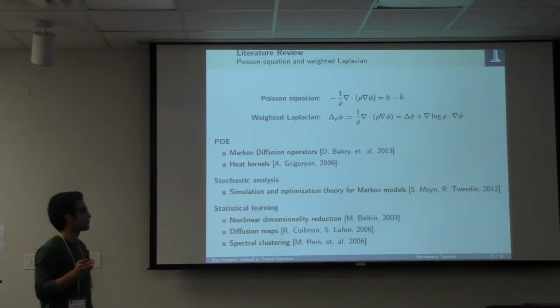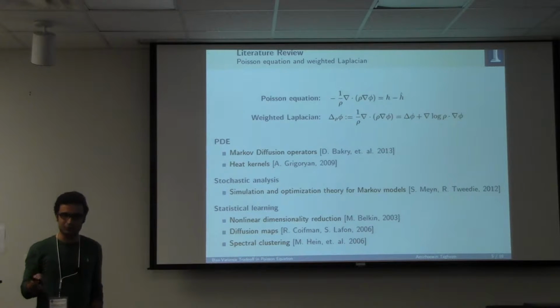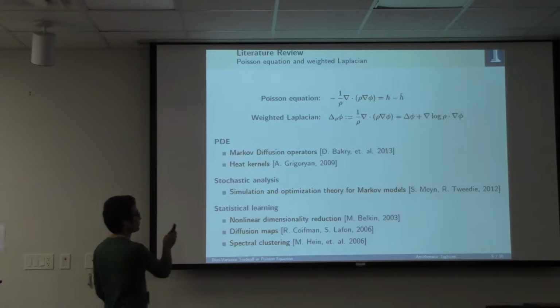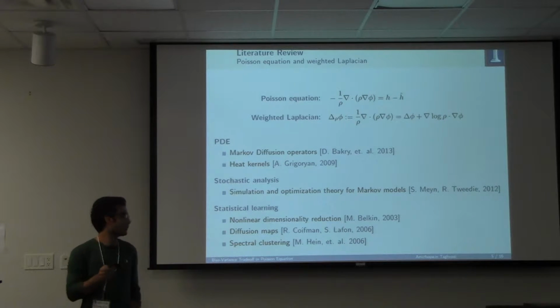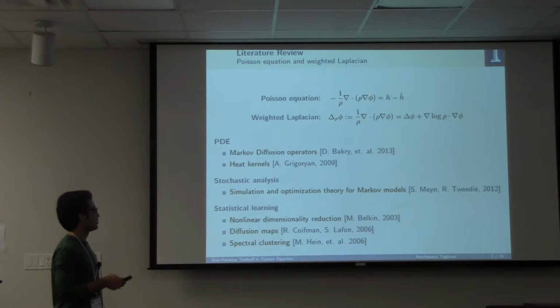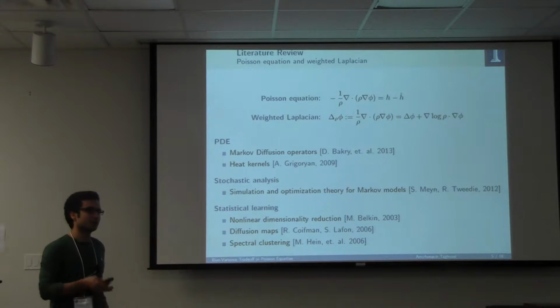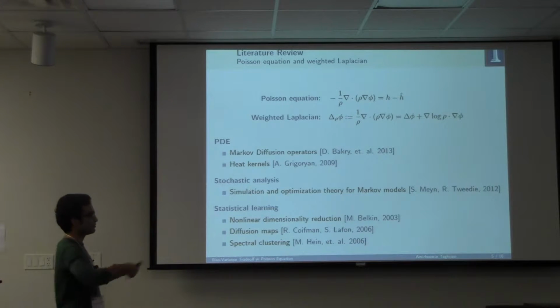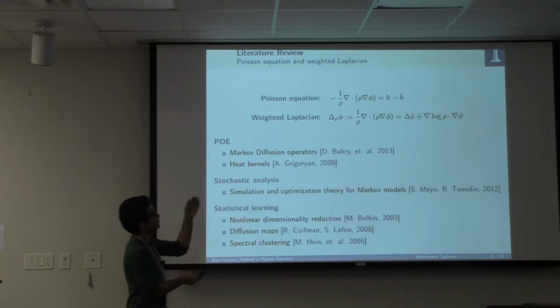It also identifies the MCMC simulation variance, and the weighted Laplacian also appears in statistical learning wherever graph Laplacian methods are used, where it is shown that the graph Laplacian matrix can be interpreted as a discretization of the weighted Laplacian. So in the limit, the graph Laplacian matrix would converge to the weighted Laplacian.